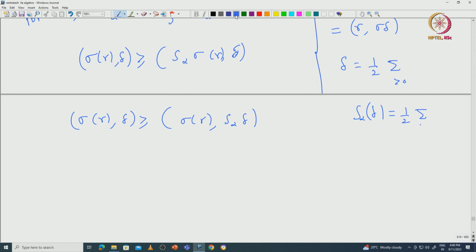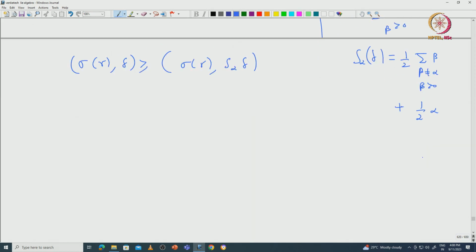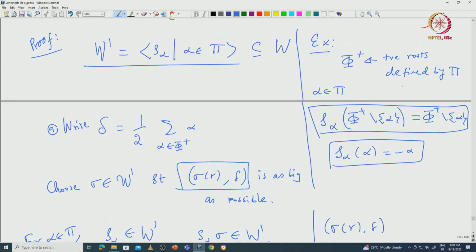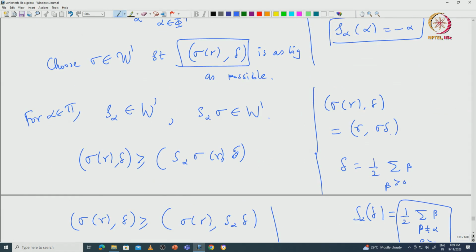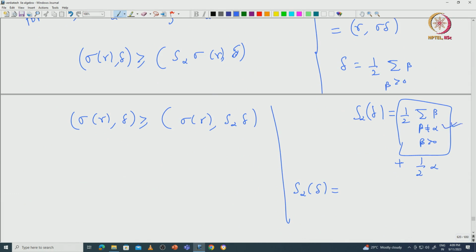So, this is beta, beta positive, beta not equal to alpha, plus half of alpha we can take. So, now you can see that S alpha of delta is going to be exactly equal to, so this part of the sum will be preserved by S alpha because S alpha permutes all the positive roots except alpha. So, then that implies that this sum must be permuted among themselves. So, then you get exactly half summation beta, beta not equal to alpha, beta positive.